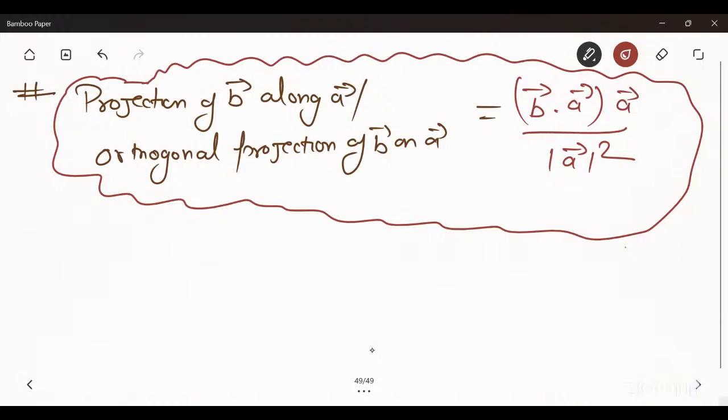vector B along A, or the orthogonal projection of B vector on A vector, is B dot A into A upon mod A square.